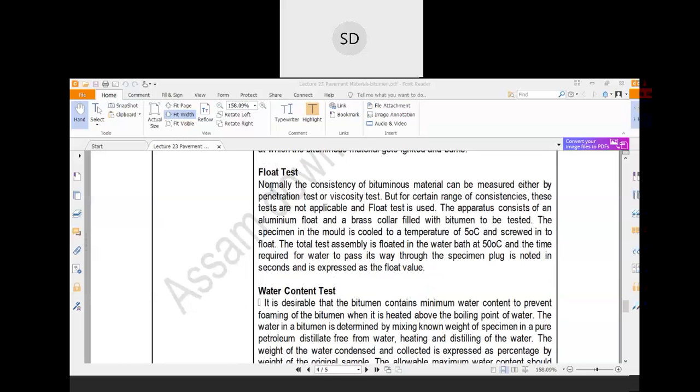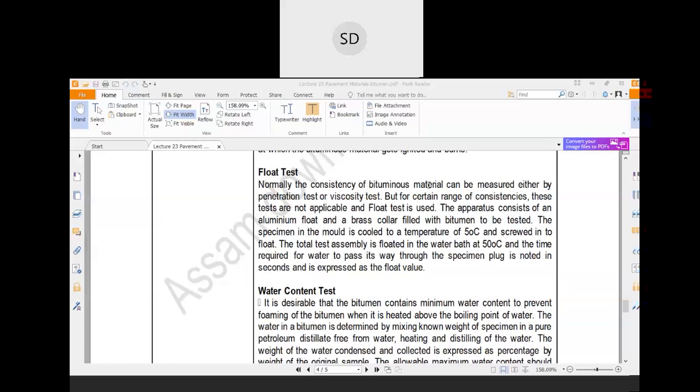So another type is your float test. Now, normally the consistency of bitumen material can be measured either by penetration test or viscosity test, but for a certain range of consistencies, these tests are not applicable and the float test is used.